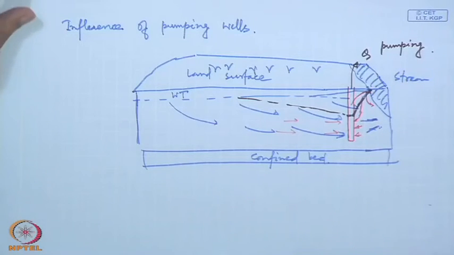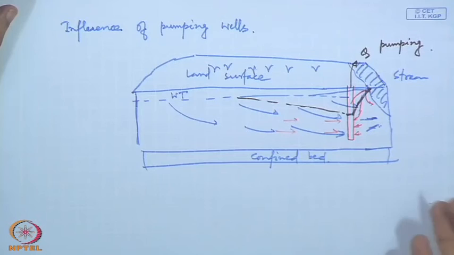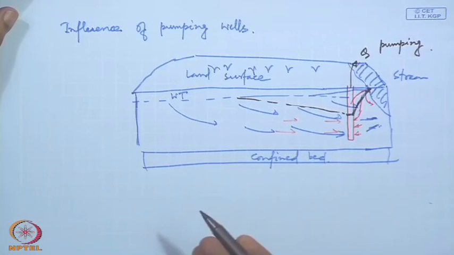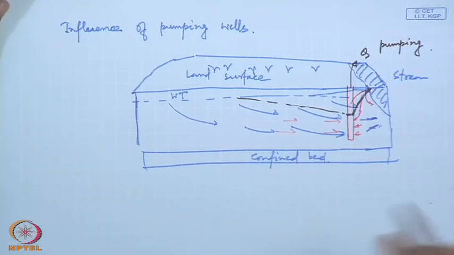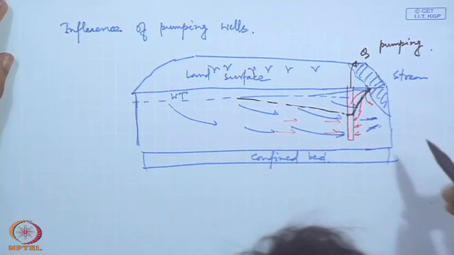So, these are the effects of the aquifer on the stream, and there is a reverse effect of the stream on aquifers. The amount of pumping also dictates the water divide.